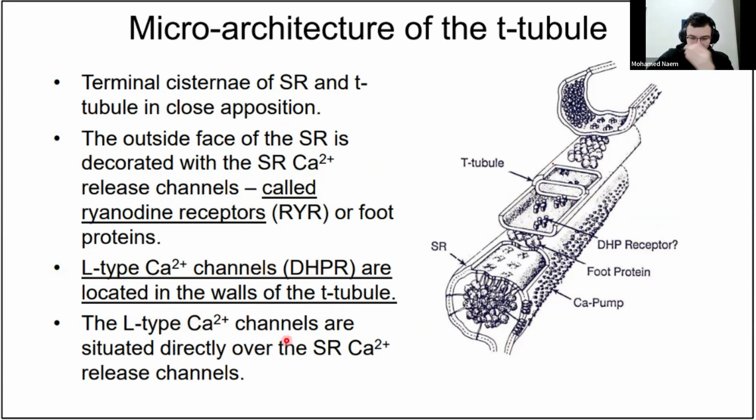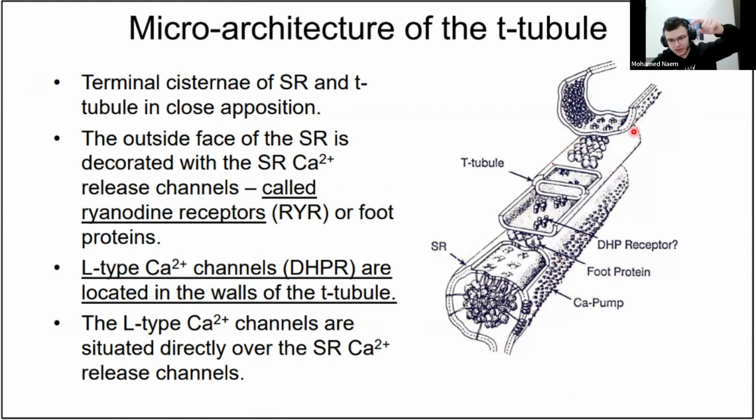So basically what happens here is there is an action potential coming. The action potential acts on the DHP receptors. When it acts on them, these L-type calcium channels are going to open, and when they open, the calcium is going to flow inside the cytoplasm and close to the SR. Is this clear?